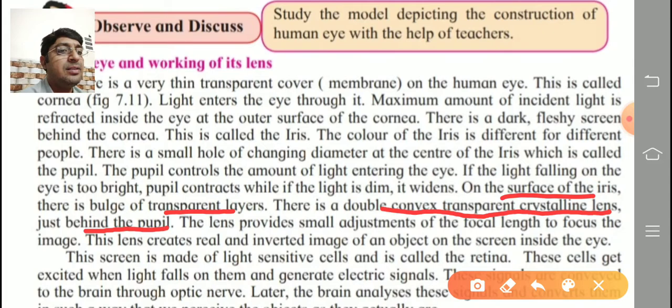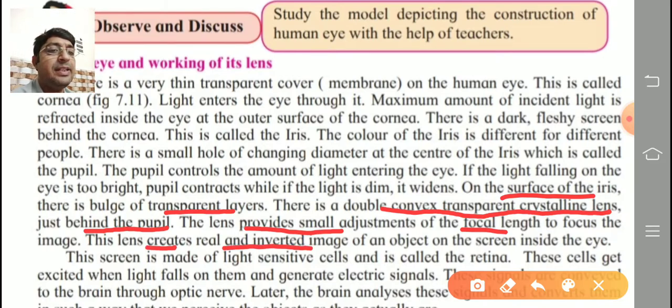That is a convex transparent crystalline lens, or shortly called the eye lens. What is the function? The lens provides small adjustment of focal length to focus the image. This lens creates a real and inverted image of an object on the screen inside the eye.